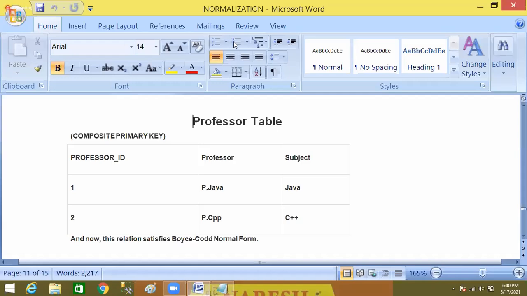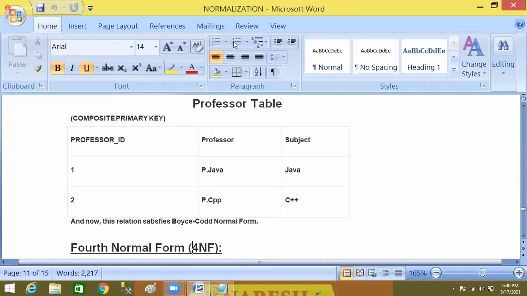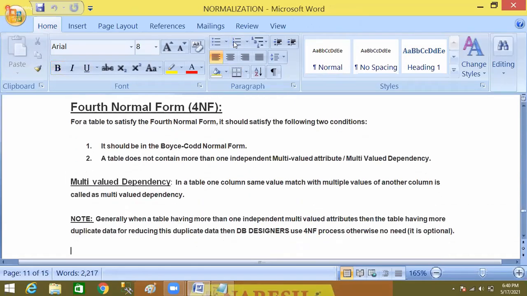Okay, right. The next technique is the fourth normal form. So first of all, read these two points, guys.